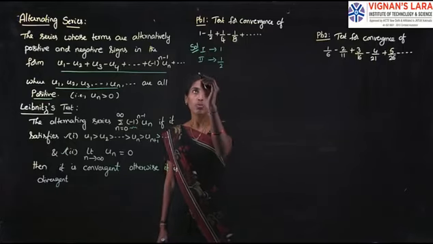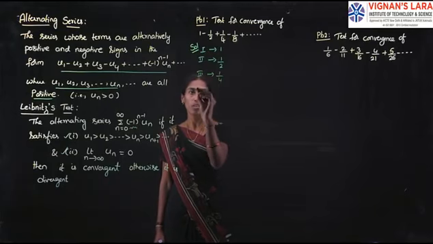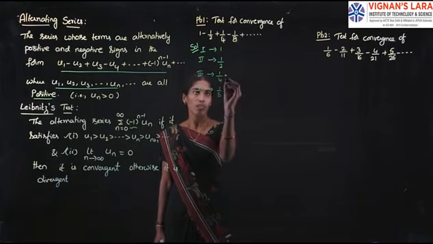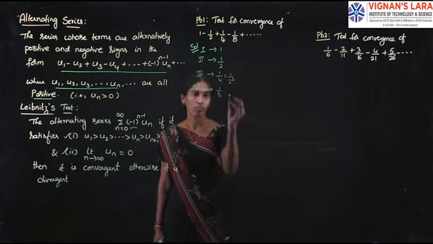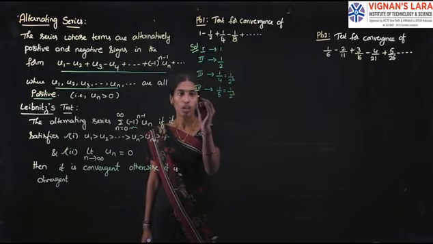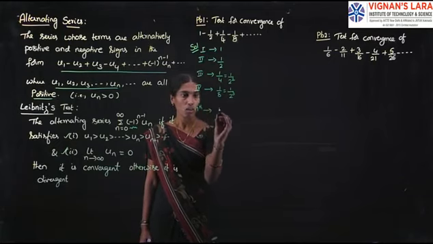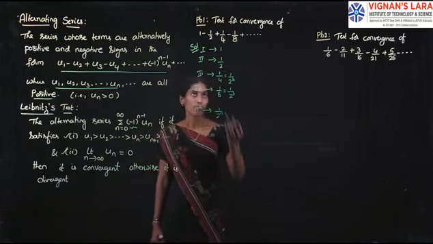The third is 1 by 4, the fourth is 1 by 8, which can be written as 1 by 2 square, 1 by 2 cube. Now can we generalize the nth term? 1 by 2 to the power n.